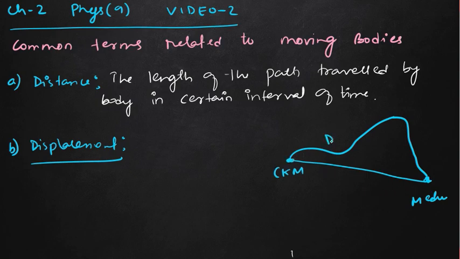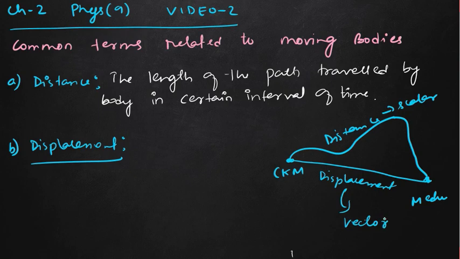So this will be our distance, the total path length, and this shortest distance is known as our displacement. So this is the difference. For distance there is no direction, so distance is our scalar quantity, whereas displacement has a particular direction. From Chokam to Medu we are traveling in a particular straight line, and that straight line will be either in the direction of west or the direction of east. That's why displacement is our vector quantity.